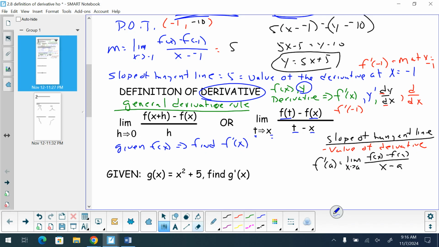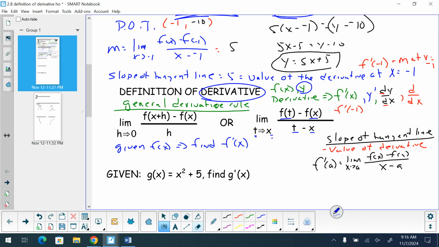Rather than approaching the value of a, we're going to approach the value of x, because ultimately, when we were down here, our final solution was, when I found my limit, I substituted that value a back in. I plugged it in. That was my final idea with respect to a limit. I plugged in my value of a when I was done.